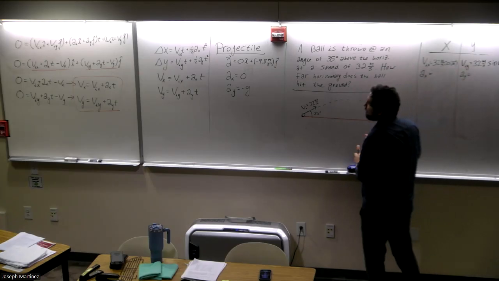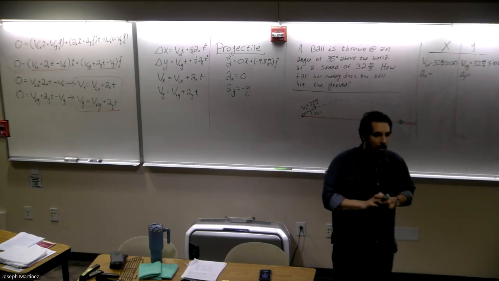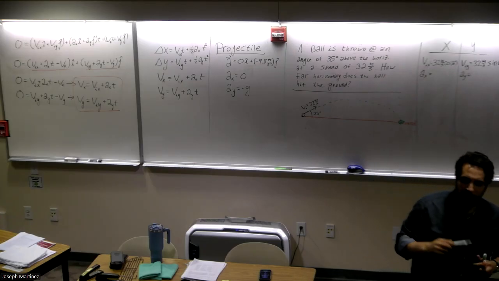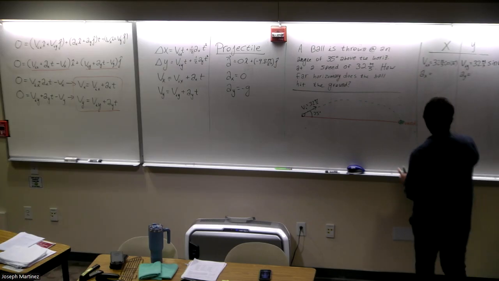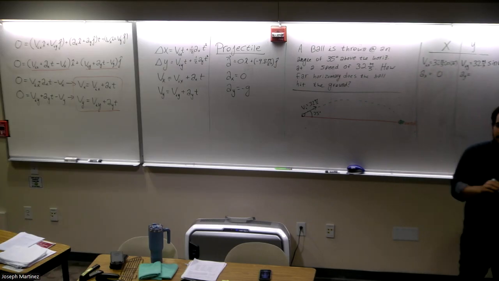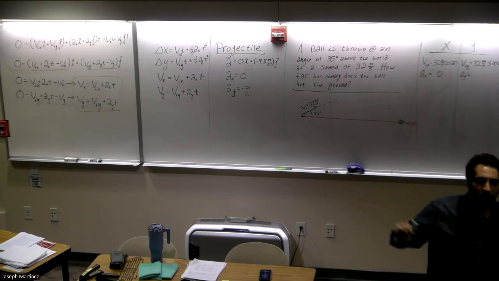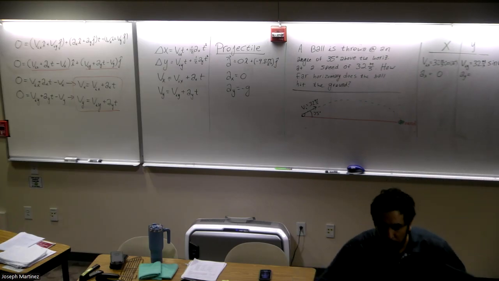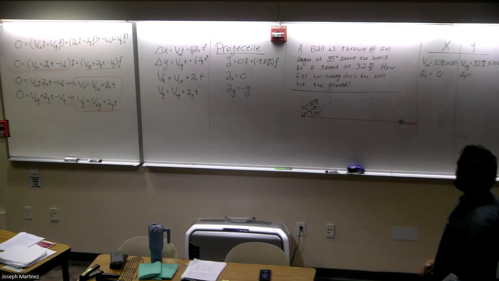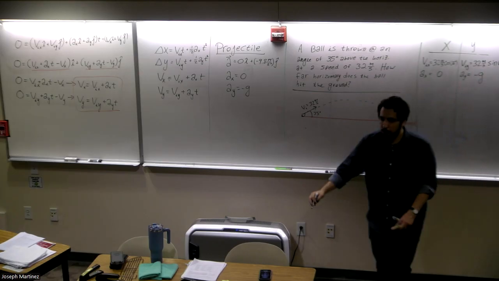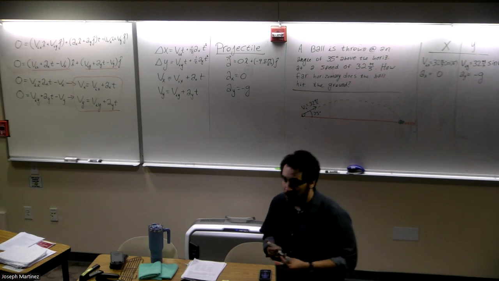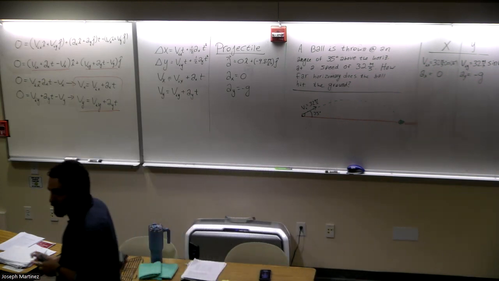And in this class, our acceleration in the x direction is what? 0. Absolutely. And the acceleration in the y direction is what? Negative 9.8 meters per second squared. I'm going to write negative g because I'm lazy. So we have our accelerations. That seems okay.